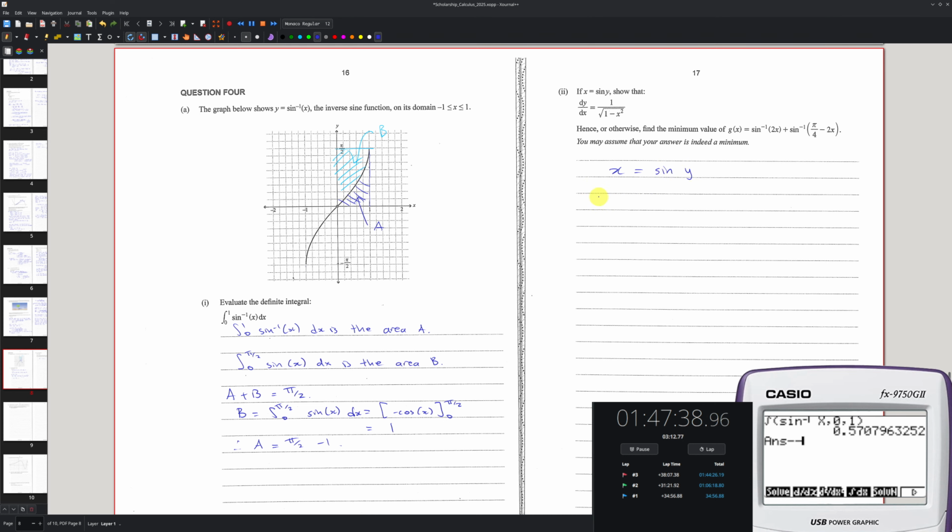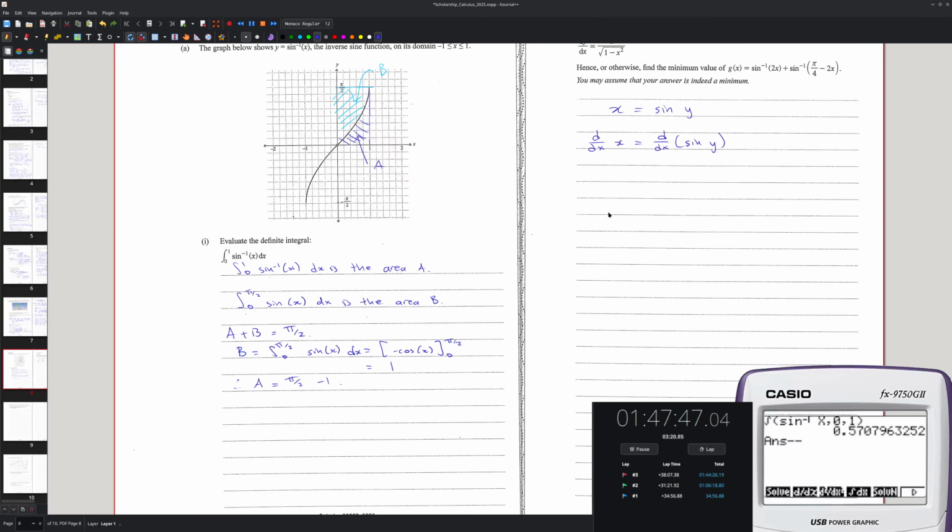So d on dx of x equals d on dx of sine of y. So 1 equals cos of y times dy on dx. So dy on dx is equal to 1 over cos of arcsine of x, right?